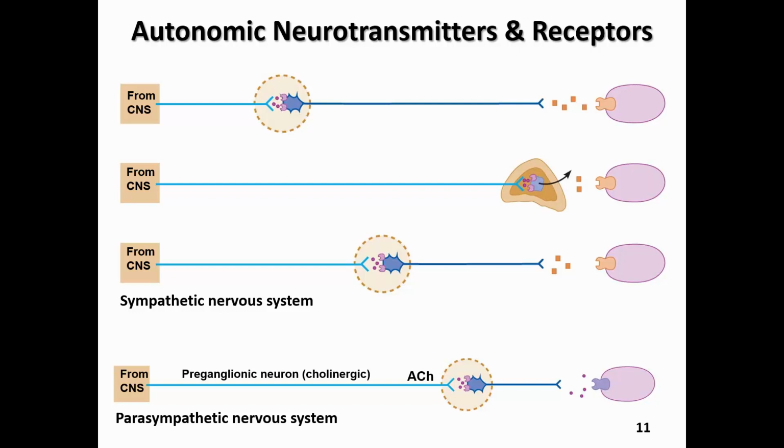In this case, it's acetylcholine. And it will synapse onto postganglionic neurons, which are responsive to a cholinergic type of neurotransmitter. The neuron itself is referred to as a cholinergic neuron.